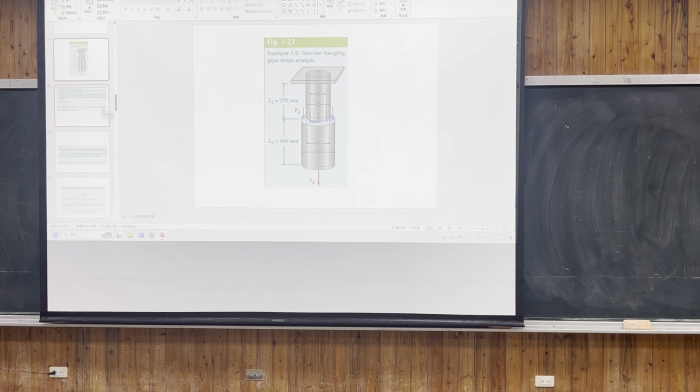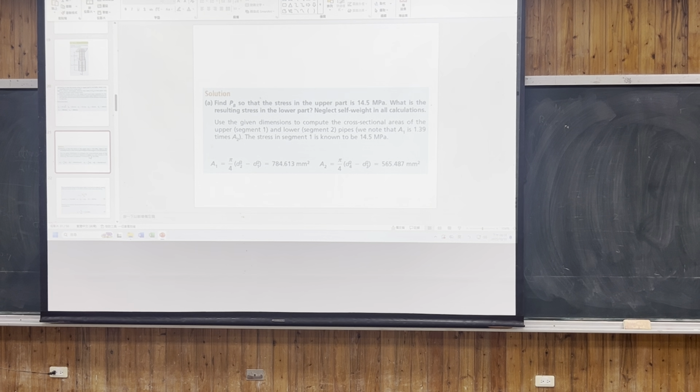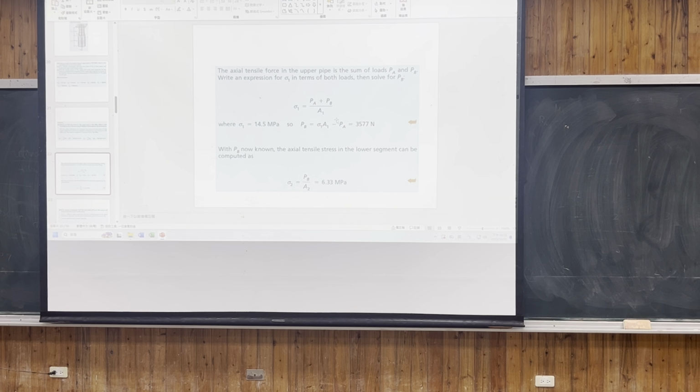I think you have gone through this kind of example during class, right? First you calculate the area and consider the free body diagram, and once you get the force, you divide it by the area, and you get the stress.